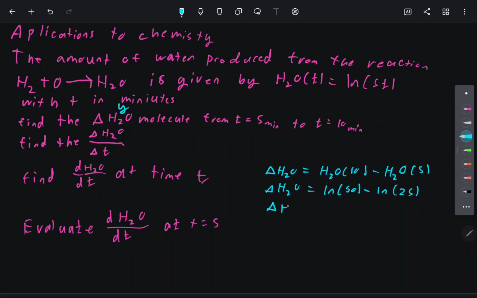Using our properties of logarithms, we can simplify this to be the natural log of 50 divided by 25, or just the natural logarithm of 2. And that is our answer for the first question.